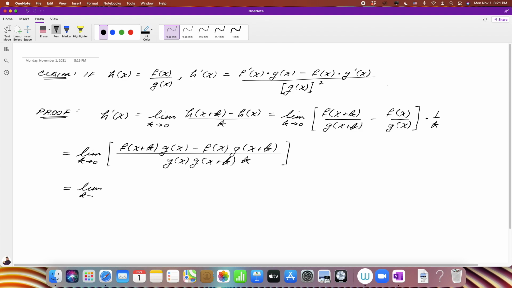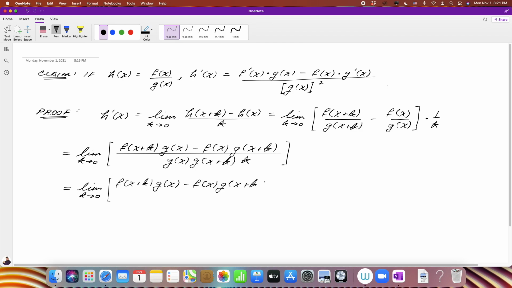So we've got the limit as k is trending to 0. And then we've got here f of x plus k times g of x. Everything stays the same for now.